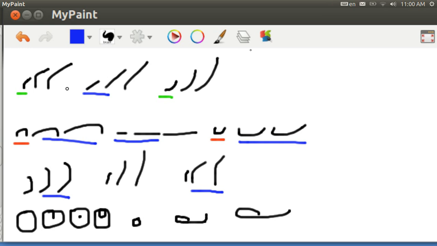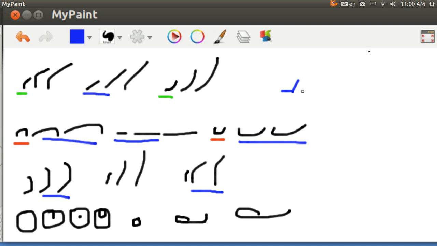I want to show you some of the blends now. This is an N, and this is a T. So if you were going to write N, T, I'll write it in blue. N followed by T. But see, you had to stop right there, and that slows you down. Every time you stop, it slows you down.